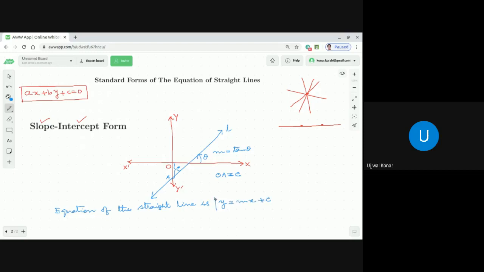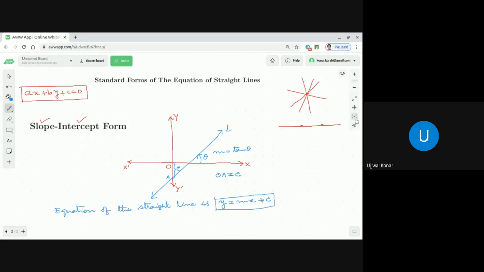And this is a very important form of equation. So whenever you see the equation of a straight line given as y equal to mx plus c, you can assume that the straight line has a slope of m, and c is the intercept on the y-axis.